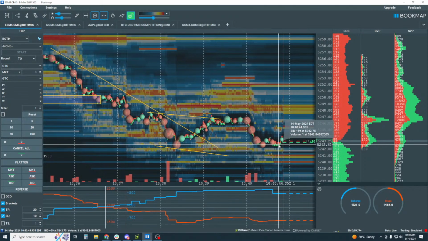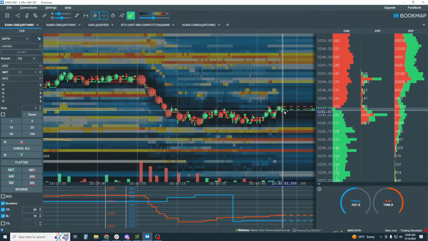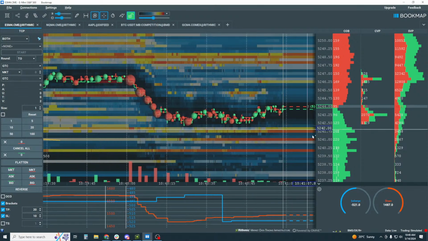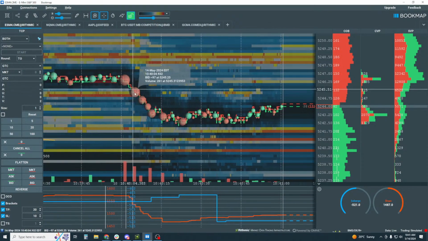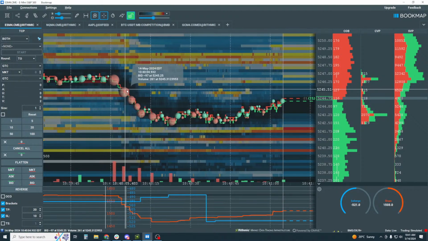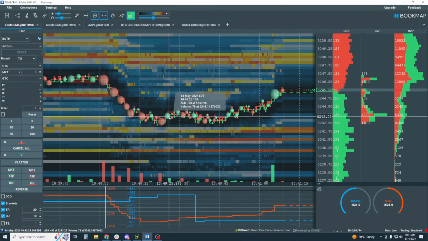There's some exhaustion. And here's some buyers. All right, let's see if these buyers, maybe we can take a quick scalp and look for these buyers just to take it up to here, where these sellers initiated that move to the downside, and I'm in too late, right?